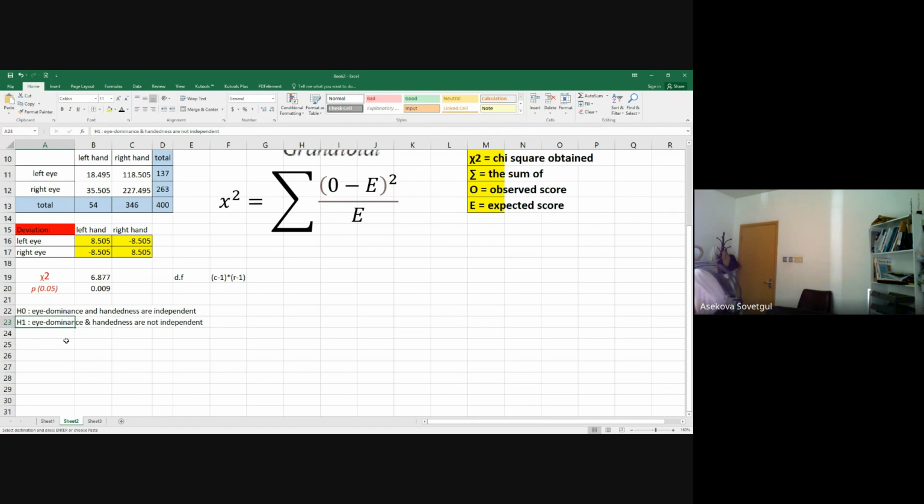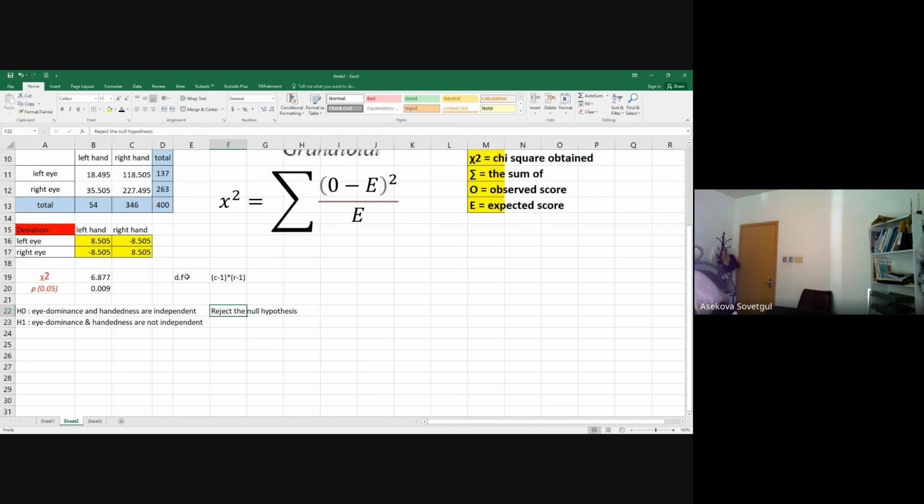So in this case, what are we going to do? We have to reject the null hypothesis, because our probability is less than the 0.05 cut point, and also our chi-square obtained value is more than 3.8.